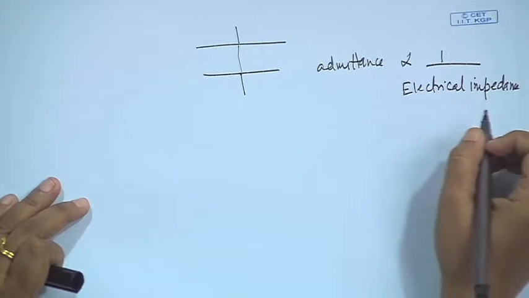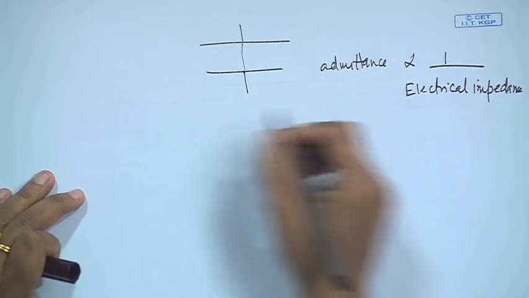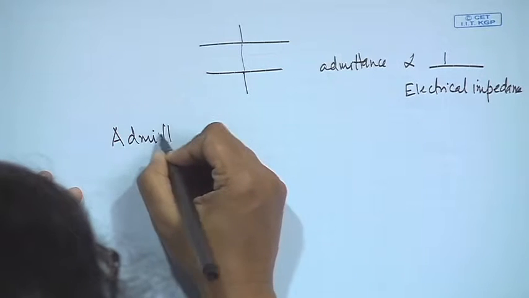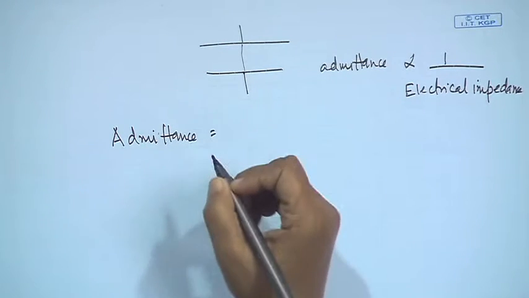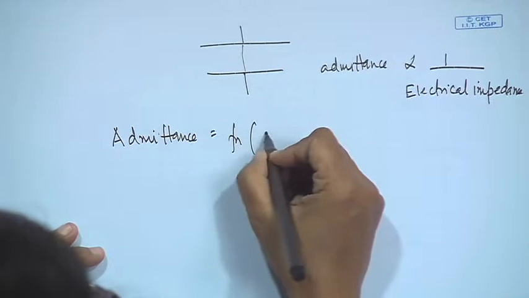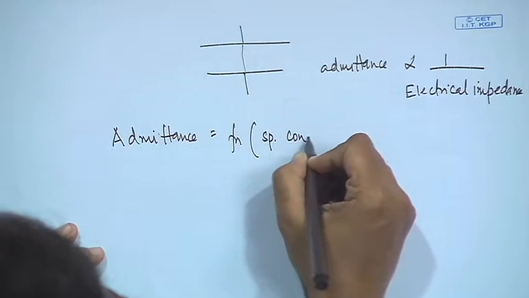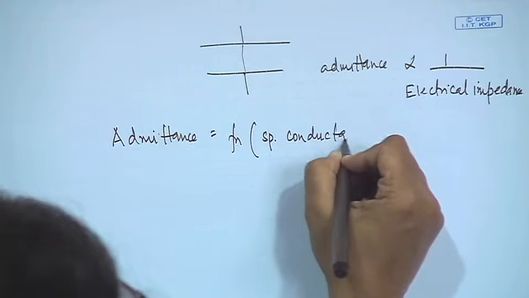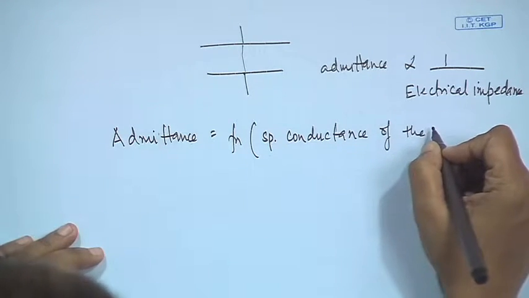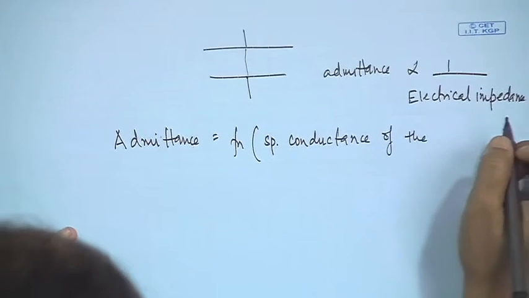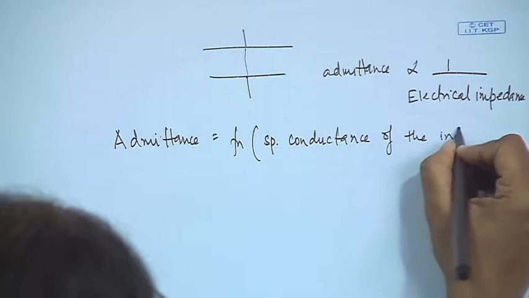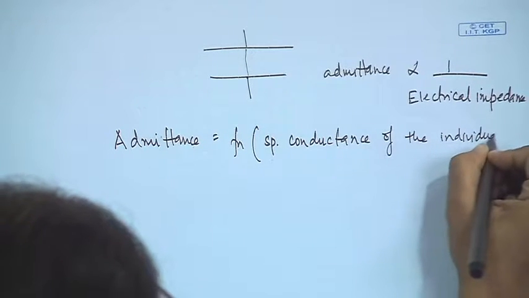It is the reciprocal of electrical impedance, and this particular admittance is going to be a function of, firstly, the specific conductance of the intervening medium, which in case of two-phase flow is the specific conductance of the individual phases.